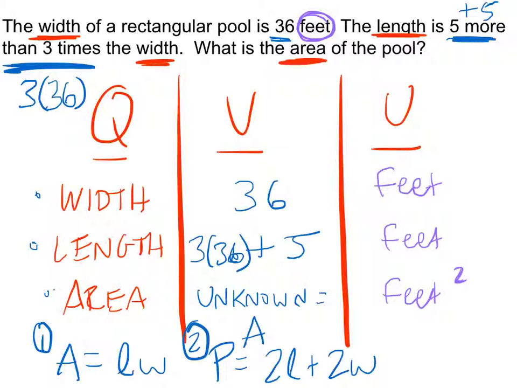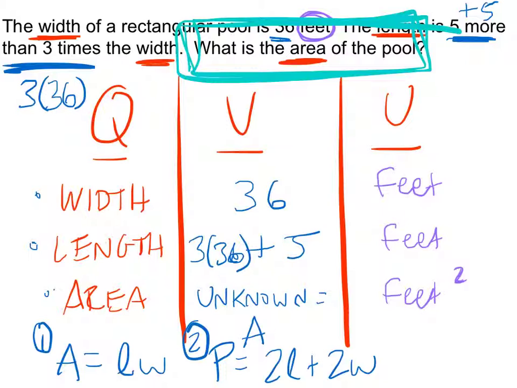Now, the third step of our method says to just identify the question. Our question is the third sentence in our problem. What is the area of the pool? So which relationship down at the bottom is going to help us solve this problem? That relationship is area equals length times width.